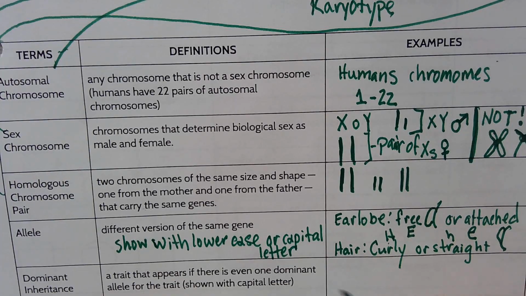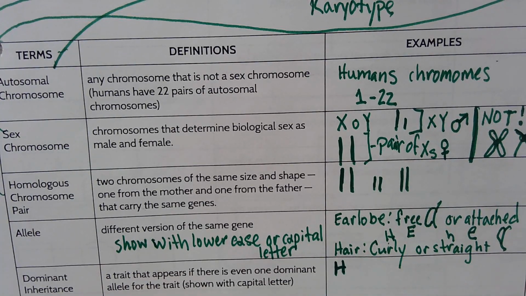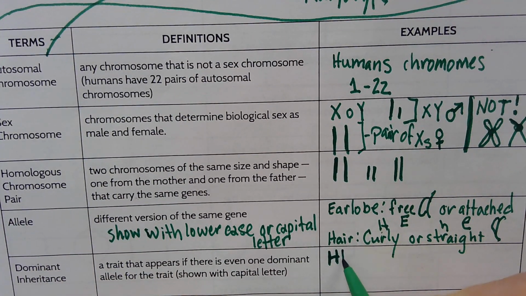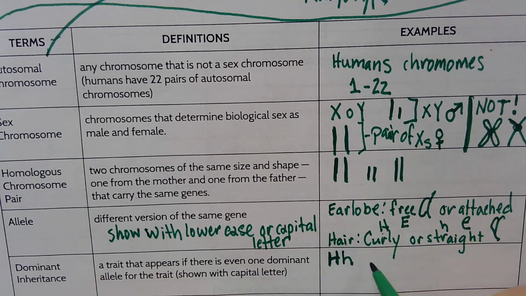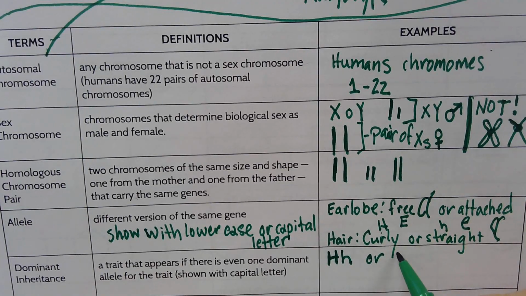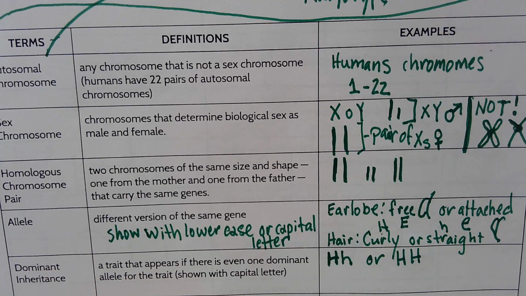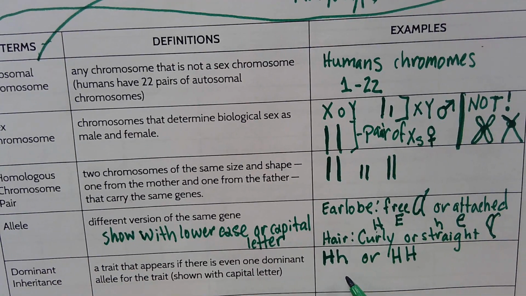So what that means is if there is a capital H and a lowercase h, or there is a capital H and a capital H, so that there's the allele for the curly hair and the straight hair, or both curly hair, that means it's going to show curly hair.